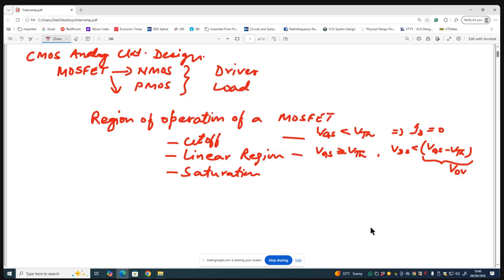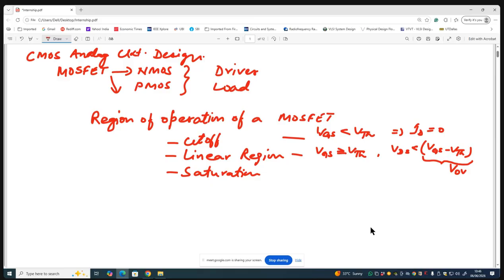This is referred to as overdrive voltage, and most of the time we will be talking in terms of the overdrive voltage. So you shall remember what we mean by overdrive voltage: overdrive voltage of a transistor is given by VGS minus VTH, right?